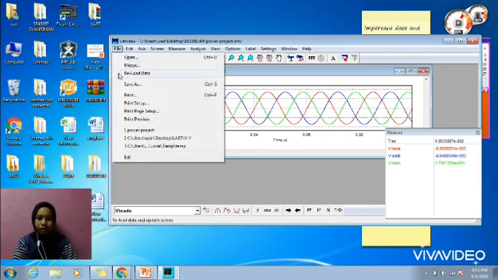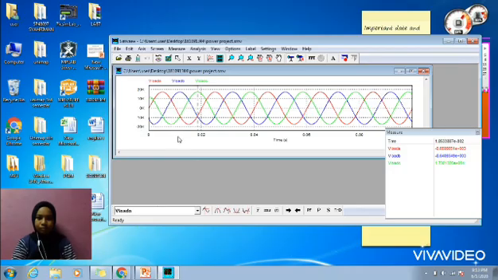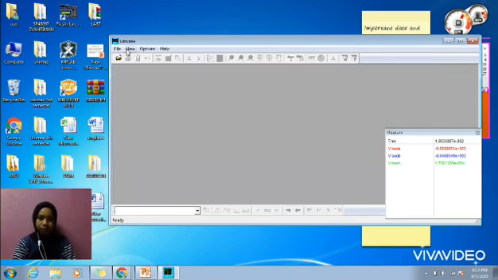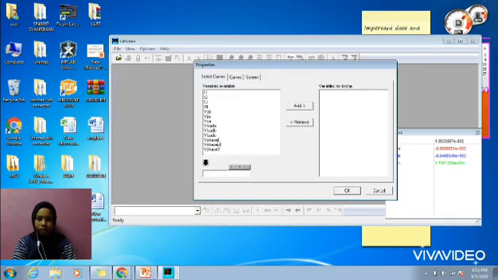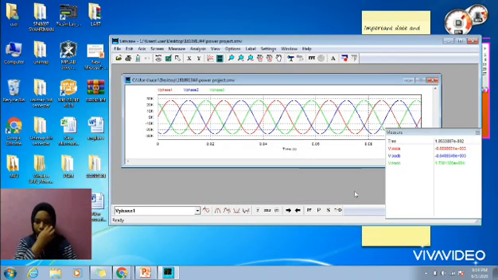Okay, next is the value of V phase. V phase also has the same value.